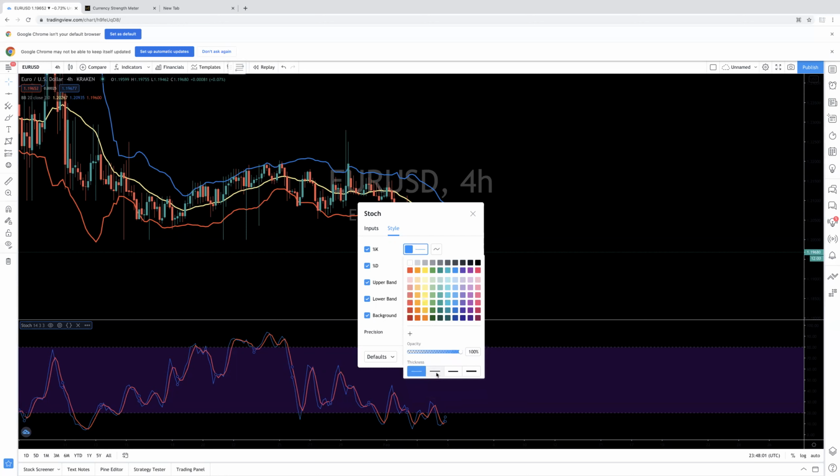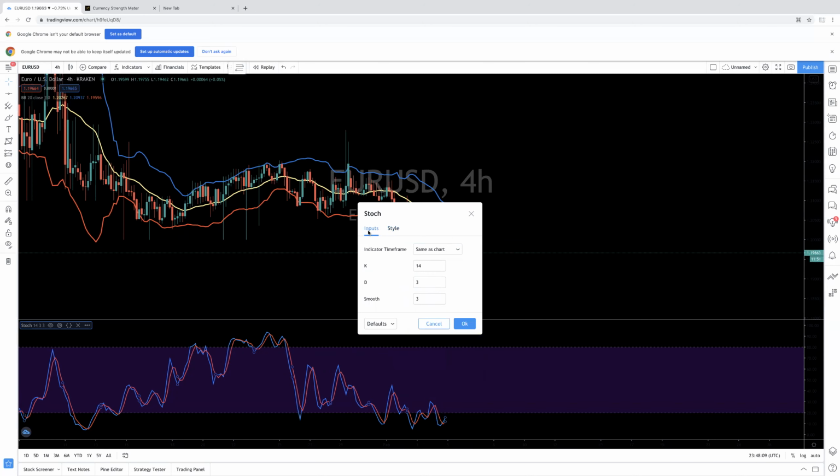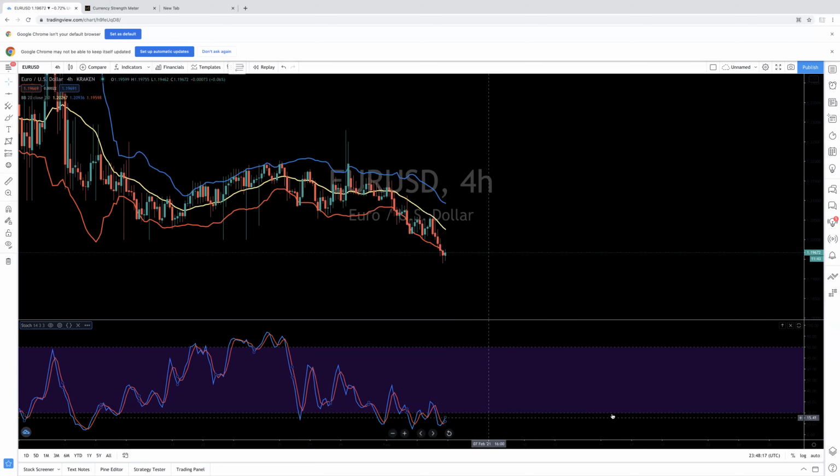And this is just like up top as well, blue. Okay, very good. And that's all we need to do with that. Everything else is going to be the default settings. The default settings are perfectly fine with these.